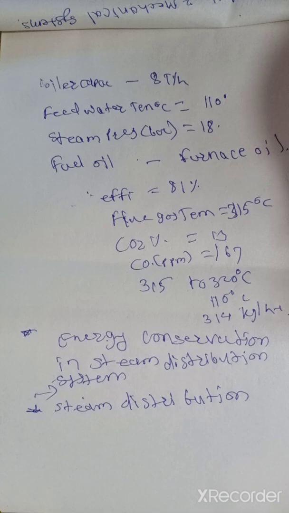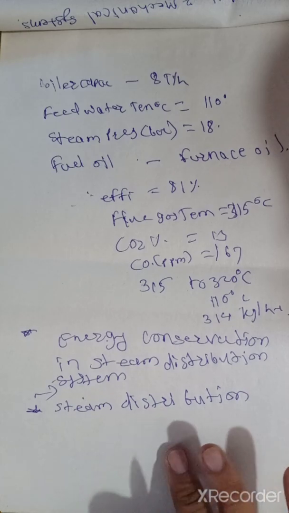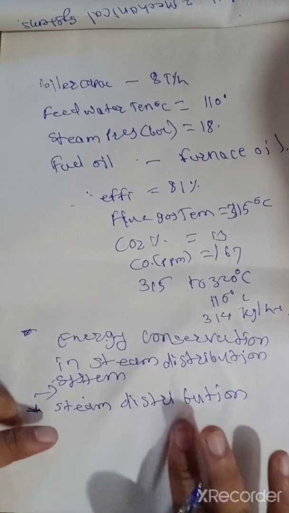Installation and maintenance of the system are important issues and must be considered in the design stage. So we have to draw the diagram of the steam distribution. I will draw a very simple diagram.